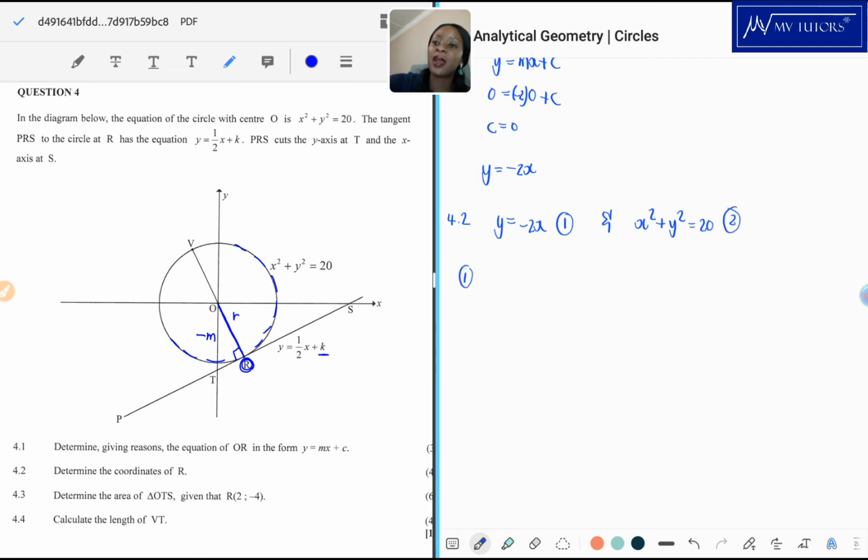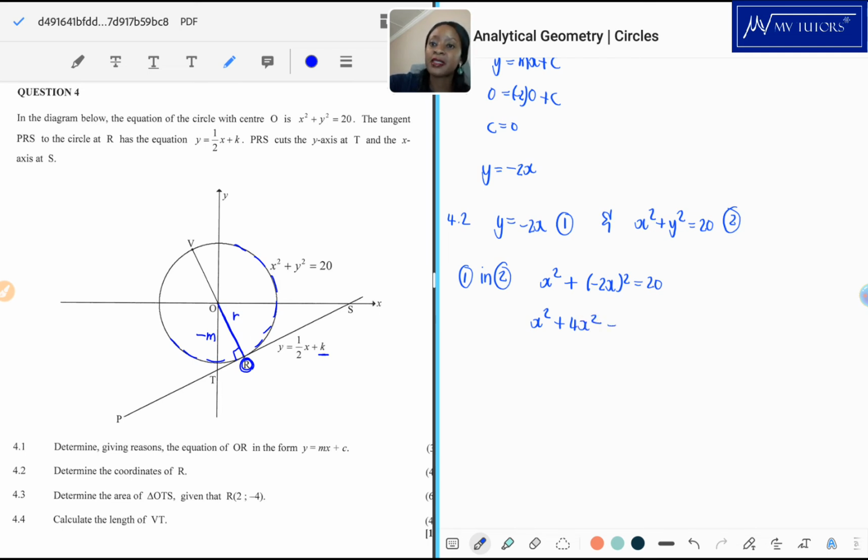So then I'll take my y and plug it into my second equation, and then I'll solve for R. So we'll see when we solve what the answer will give us. So I have there x squared plus, remember y is now negative 2x, and we square it, that's equal to 20.